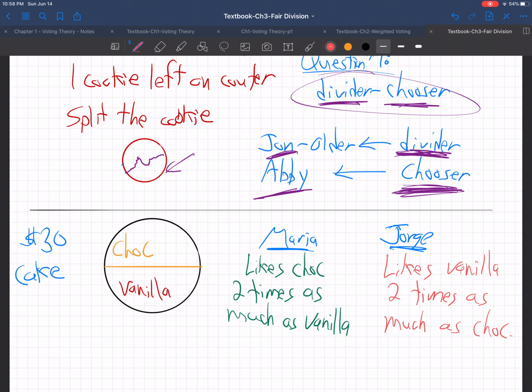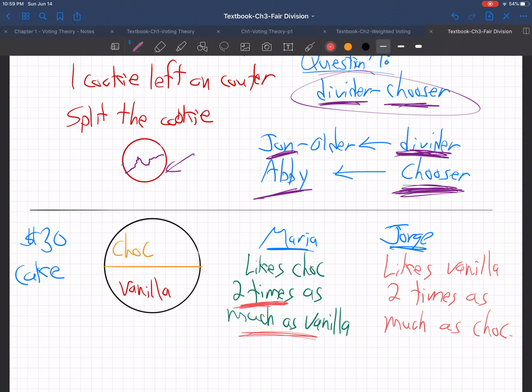Well, in that case, suppose they don't talk. Maria does not want the vanilla half. What if Maria decides she's going to cut the chocolate somewhere and take chocolate? Now, she's going to cut somehow so that she gets half the value.